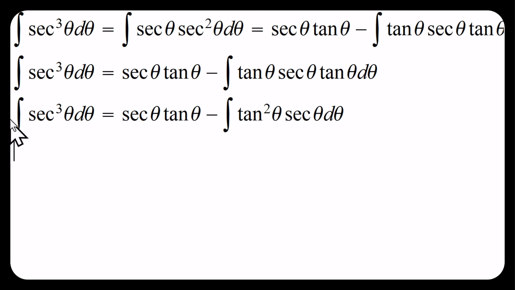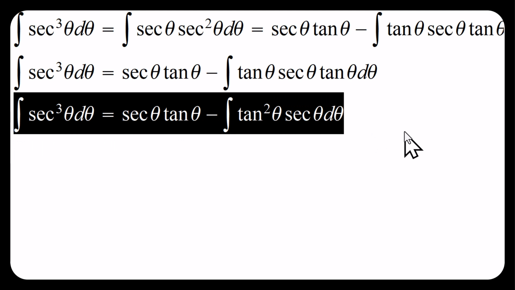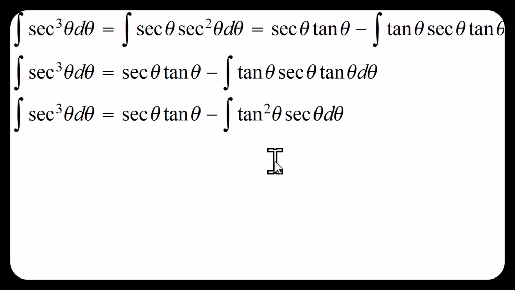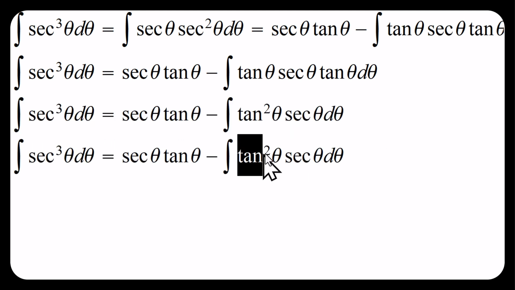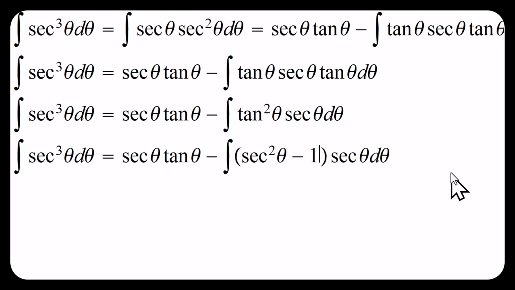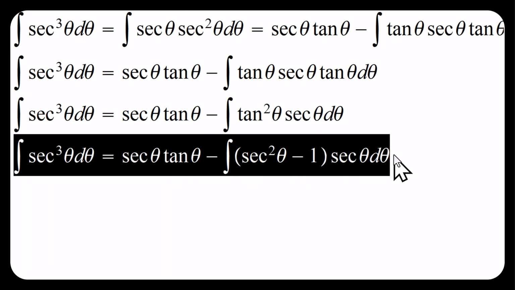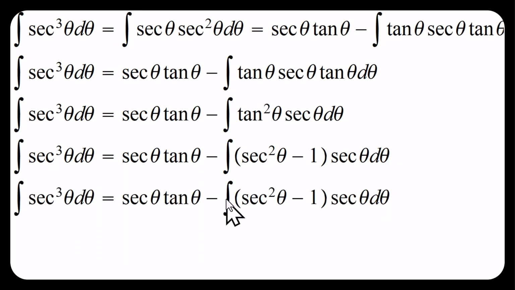So I'll just take the whole equation actually, and what I'm doing here is changing it to simply secant square theta minus 1.